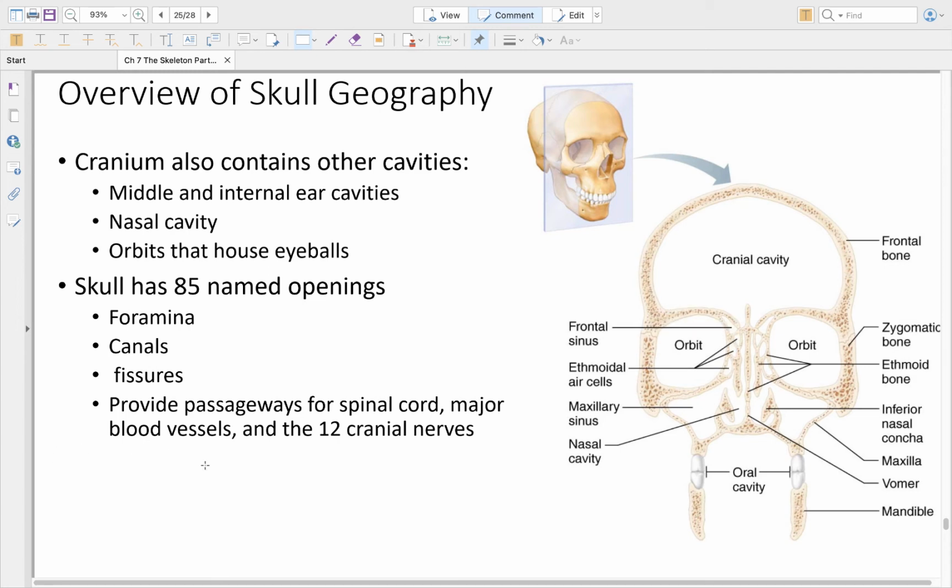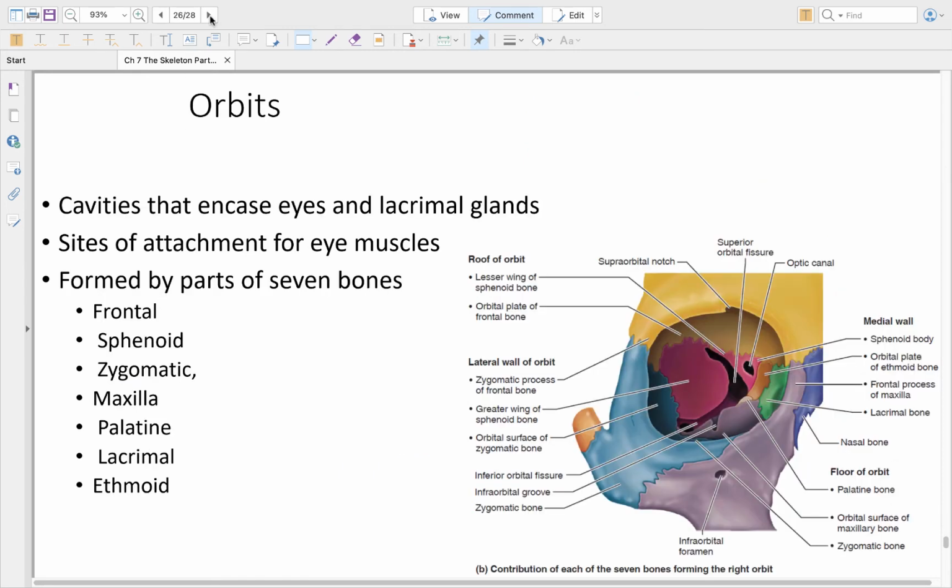Our skull has 85 named openings, and they can be different types of opening, a foramen, a canal, a fissure, but ultimately they're going to provide a pathway for the spinal cord, like the foramen magnum, or major blood vessels, and the 12 cranial nerves. The actual orbit itself is made out of 7 bones.